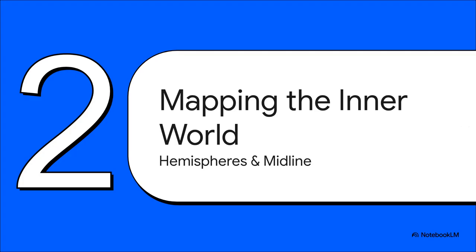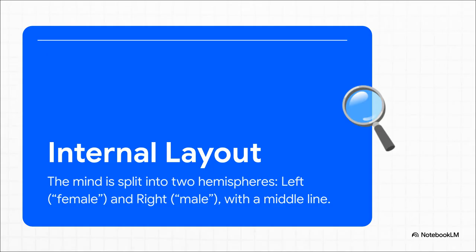So, if grammar is a coordinate system, what does the map actually look like? Let's lay out the basic structure of this conceptual internal world. The model starts with a really simple symbolic layout. Just picture the mind with two hemispheres, a left side, which the model labels female, and a right side labeled male. Now, this is absolutely crucial. These are not biological or social descriptions at all.